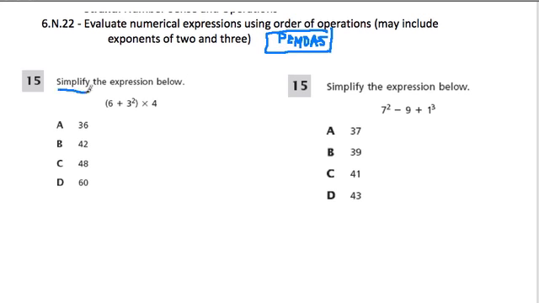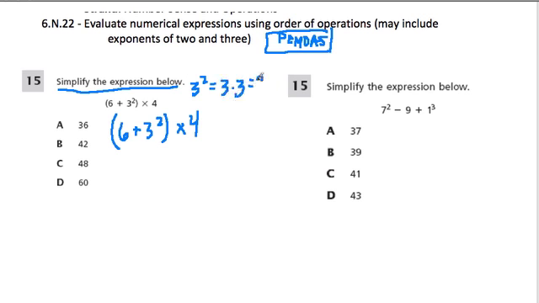It says simplify the expression below, which means solve it. So we have 6 plus 3 to the second power in parentheses times 4. So we're going to deal with what's inside the parentheses first, but in 6 plus 3 squared, the exponent takes precedence, and 3 squared equals a square with the sides of 3, or just 3 times 3, which is not 6, it's 9, right?